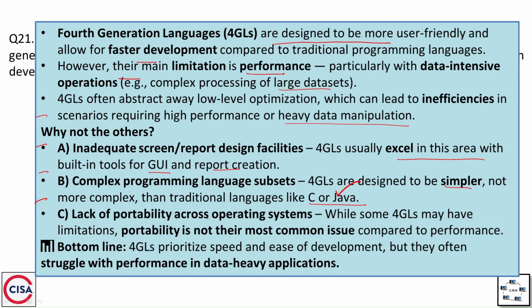Option C, lack of portability across operating systems. While some 4GLs may have limitations, portability is not their most common issue compared to performance. Bottom line, fourth generation languages prioritize speed and ease of development, but they often struggle with performance in data heavy applications.